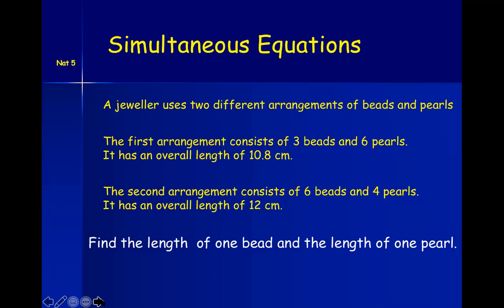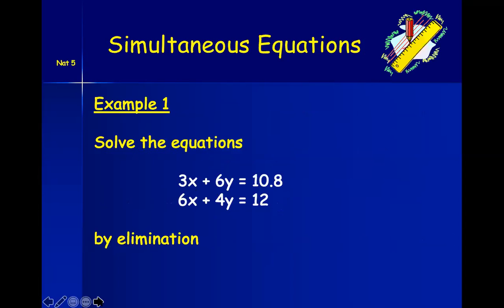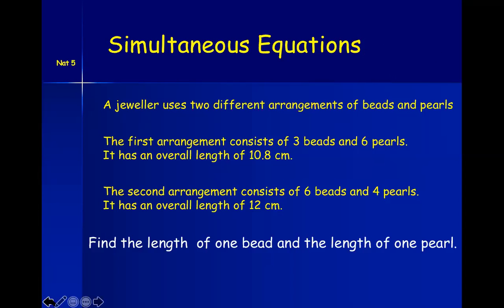How can we solve this? Using simultaneous equations. Okay, so you can see a real life type problem. Now, what we do when we get a question like this is we use algebra. What I mean by that is we're going to use letters and numbers. Algebra is just a way of mathematicians talking.